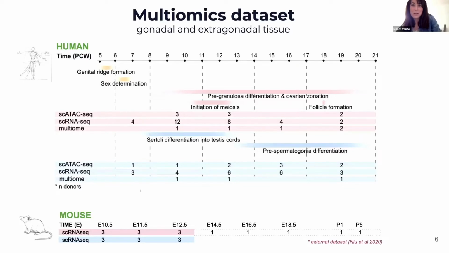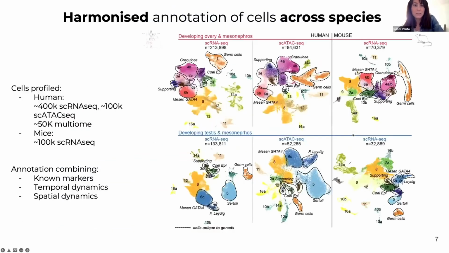So we have made an effort to build a comprehensive map, collecting samples from both human and mouse that cover both the sex determination stage and the parallel differentiation. We have profiled more than 50 donors in humans using a multi-omic approach, which includes RNA-seq and also spatial data.